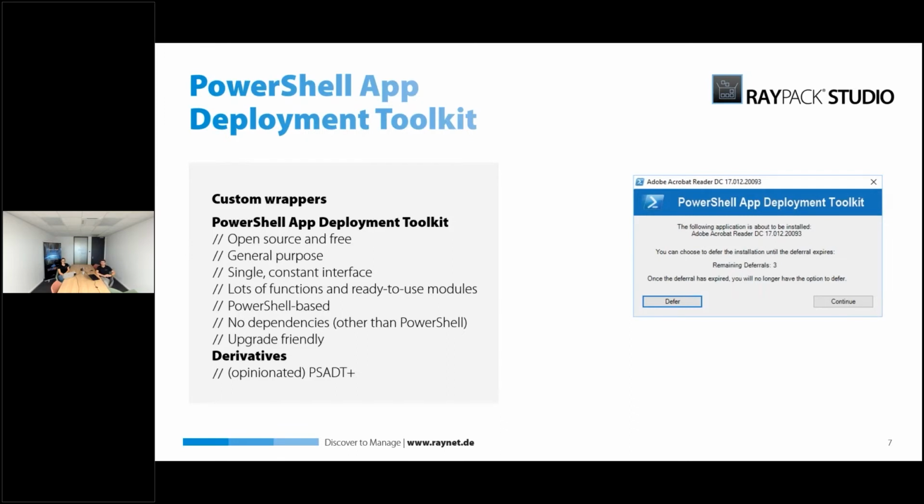More and more projects are using it, and there is a pretty easy learning curve if you already have experience with the toolkit. There are plenty of functions. It's extendable. You can also build your own modules. It's PowerShell based, so if you love PowerShell, you'll love it. It has really no dependencies other than PowerShell.